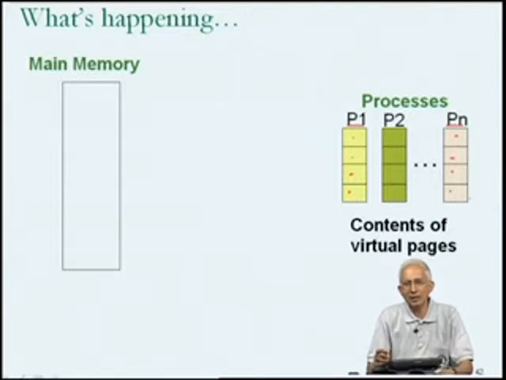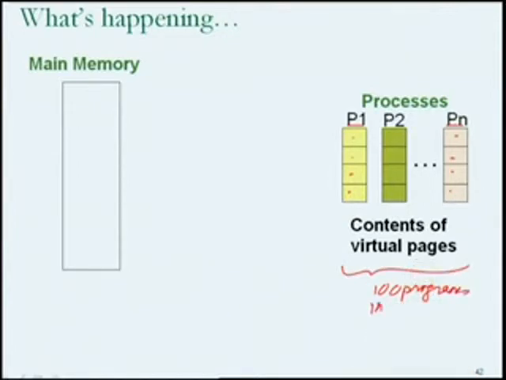But then the question arises, where can the contents of these virtual pages be stored? It's not enough to just say that they cannot be stored in main memory because there isn't enough space. If I do require, let's say, 100 programs in execution to be supported, let's suppose that n is equal to 100, then I can't just say, yes, you can have up to 100 programs in execution.